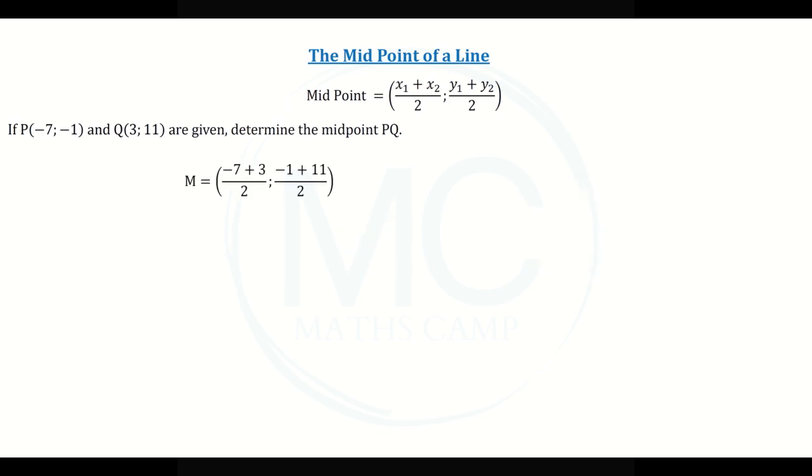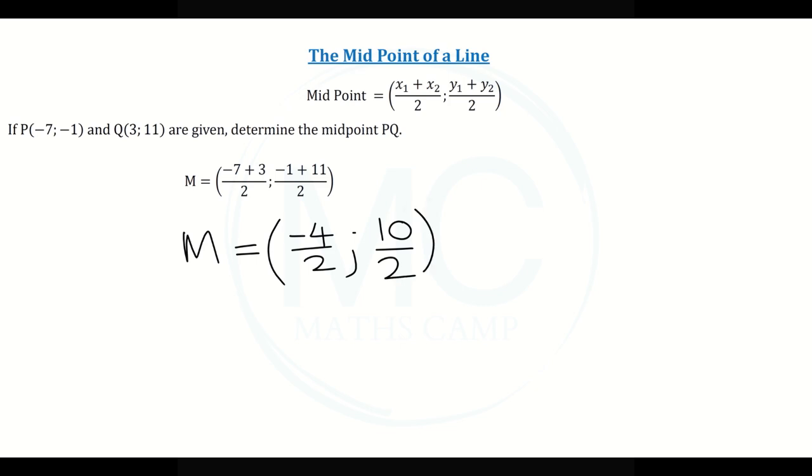Again, let's simplify the terms in the numerator of each fraction. So we say M is equal to negative 7 plus 3 gives us negative 4. So we can say negative 4 over 2. And for the y-coordinate, negative 1 plus 11 gives us positive 10 over 2.